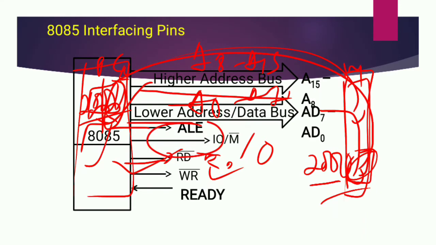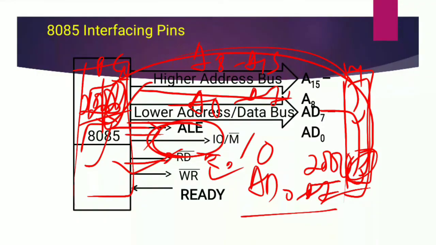Now the ALE pin: when ALE is high, it indicates AD0 to AD7 are addresses. Because the lower order address is multiplexed with the data bus, this is distinguished by the ALE pin.